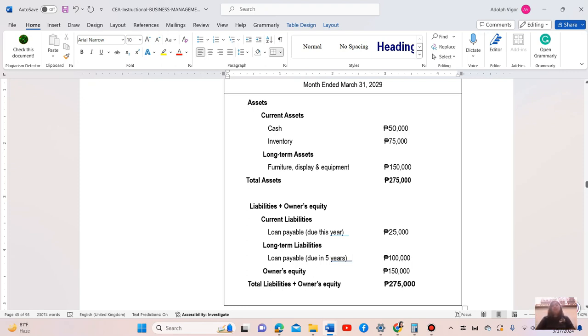Plus your owner's equity, you've invested 150,000 from MP2. So when you total this out, it's 275,000, equal to your assets.